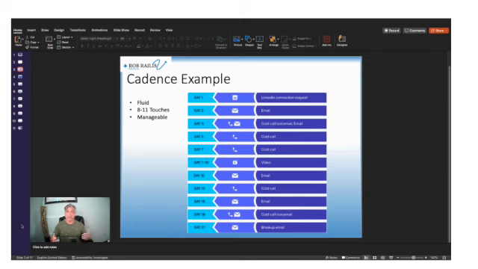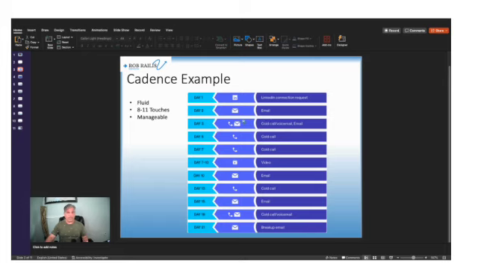So, some key points about a sales cadence: it should be fluid, as I mentioned. You don't have to do a LinkedIn connection request on day one. If you're more comfortable having it on day 3, go for it. In fact, I usually would not do a LinkedIn connect request first. I would do an email first and then lead into a LinkedIn connect request, which would then generate or prompt a phone call.